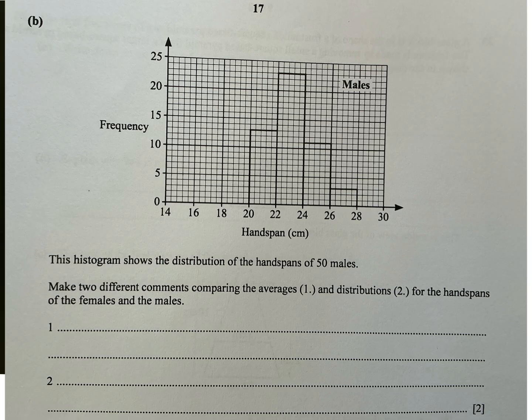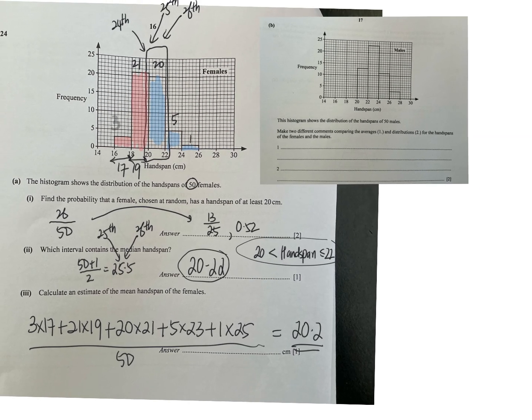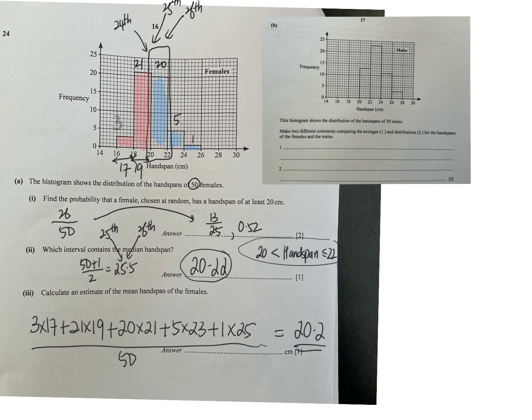Okay, last part wants you to compare between the male and the female. So one thing you can compare without much calculation is range. Range is the largest minus the smallest. So female is 10. Okay, but for the male is 28 minus 20. So male is 8 for the range.